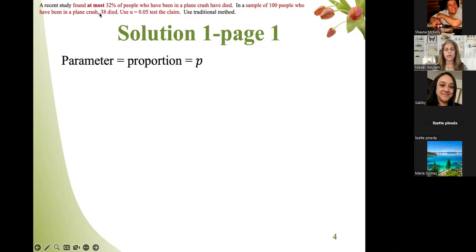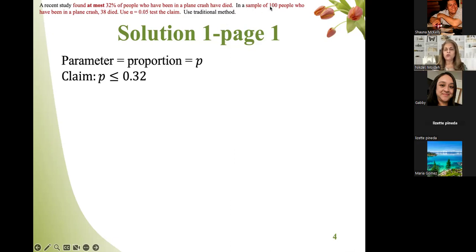What is our claim? At most 32% of the people who have been in a plane crash have died. So p is less than or equal to 0.32. At most, the maximum is 0.32. And then your sample size n is 100.